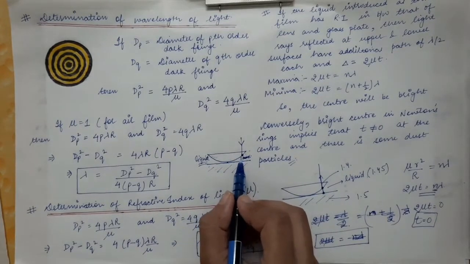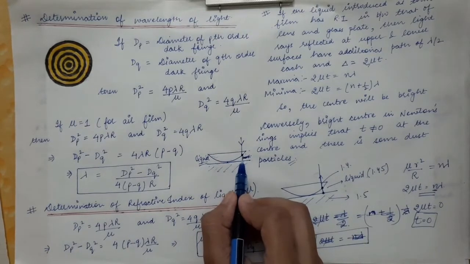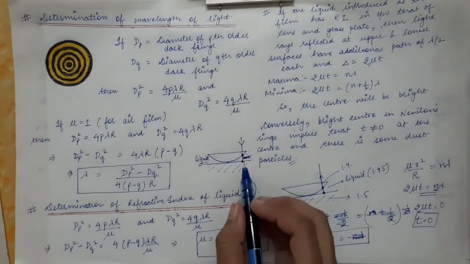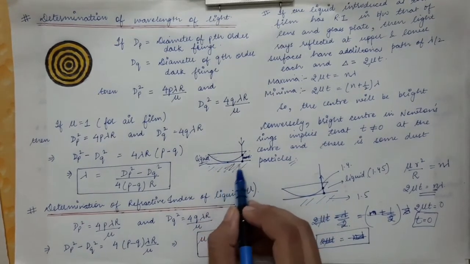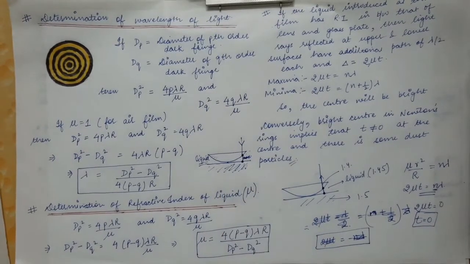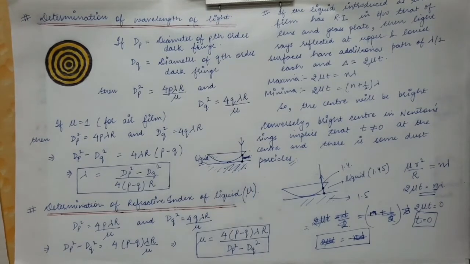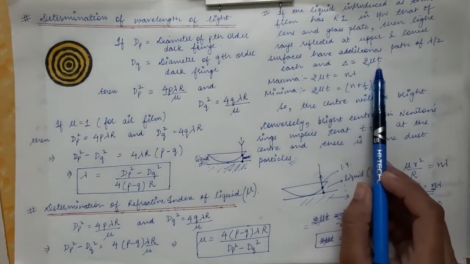So the reflection at this point will be by a denser medium, and at this point, the second reflection that will take place here, the refractive index of the liquid is less than that of the glass plate. Therefore here also the reflection will be by a denser medium. So at both the points now the reflection will be by the denser medium. Therefore the optical path difference will be just equal to 2 mu t.